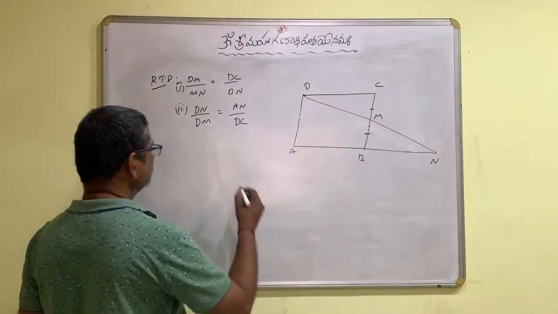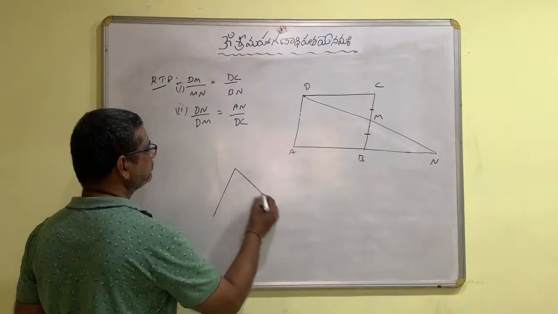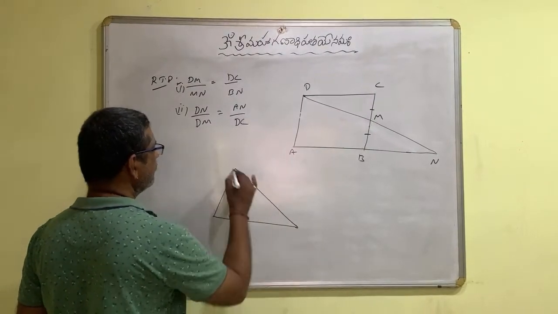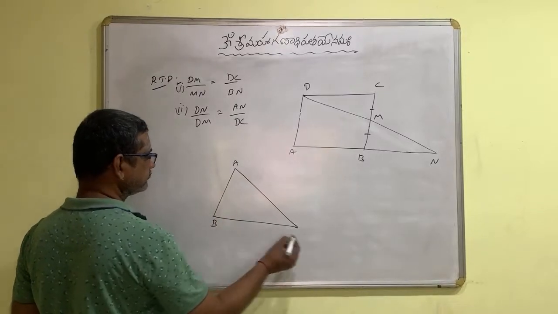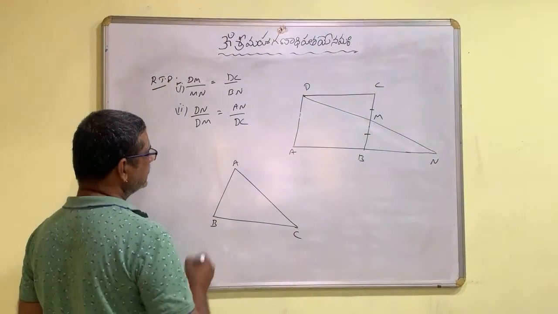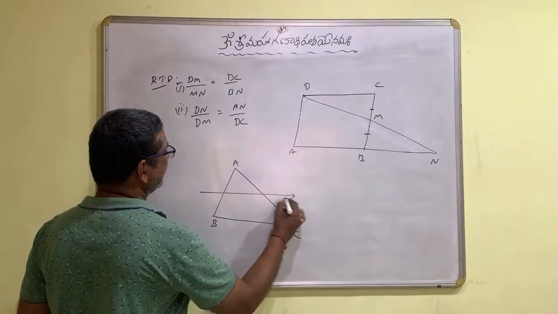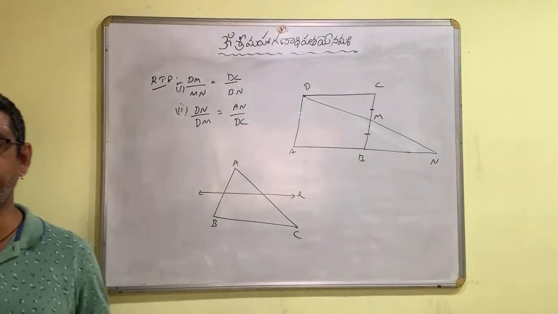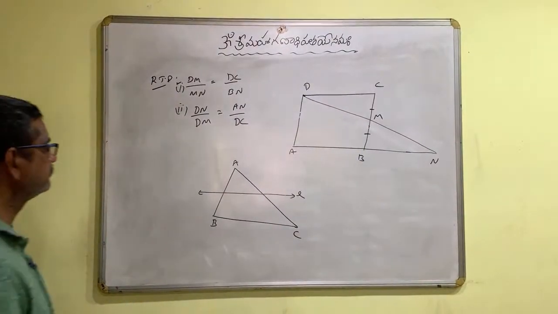There is a triangle ABC, and there is a line L which is intersecting two sides of the triangle at distinct points.